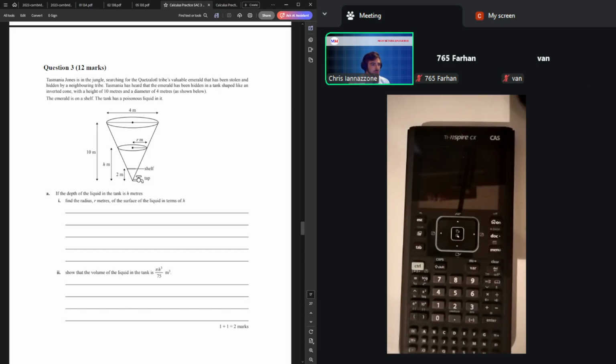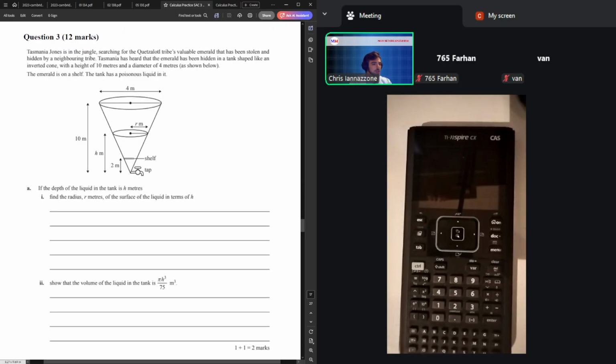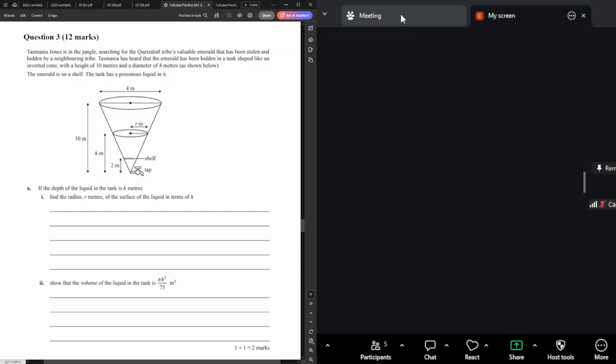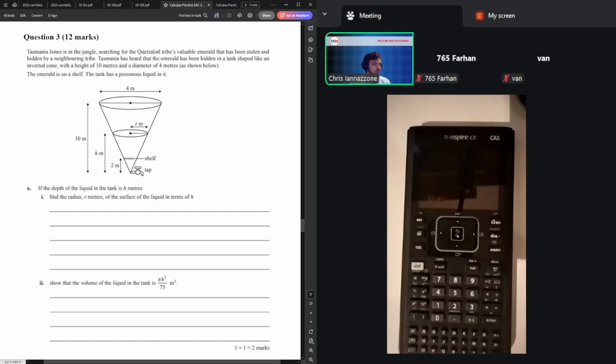So, cracking on with this question 3 sequence here. There's a bit of background to it. You can have a read of the background if you like, although most of the key information has been summarized in the image that has been provided to us.